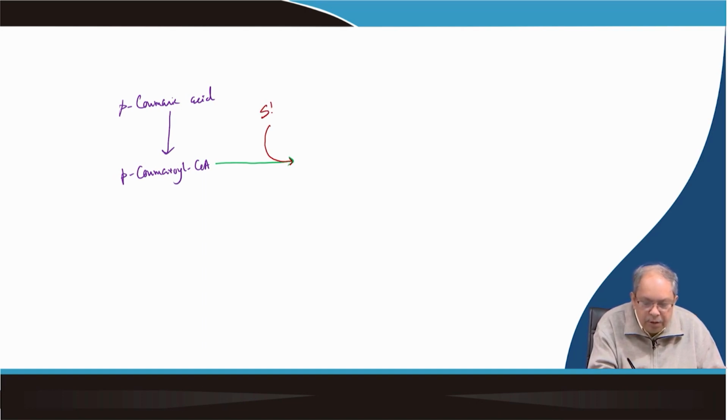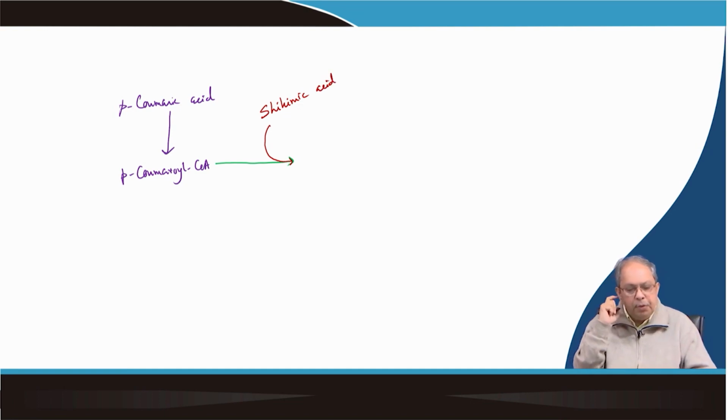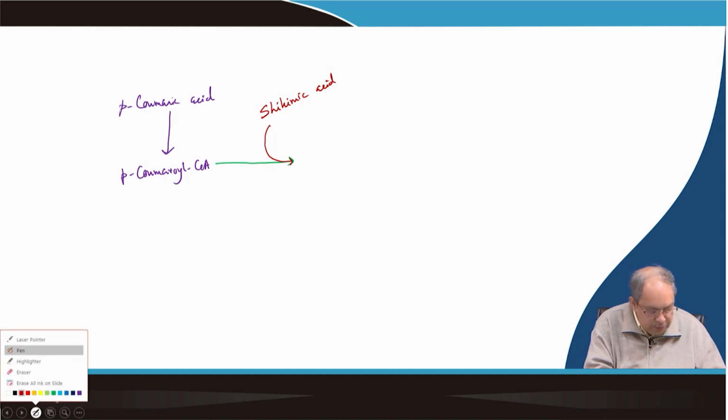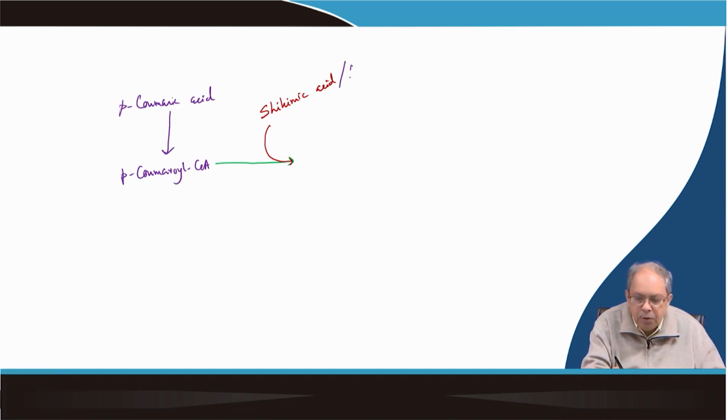So, it is joining with shikimic acid. I showed shikimic acid biosynthesis in the previous class, and apart from shikimic acid, quinic acid can also join, because I have mentioned that in the quinate shikimate pathway. For the sake of our discussion we will concentrate only on shikimate. The quinate issue I will discuss maybe in the next class when we talk about other caffeic acid esters.